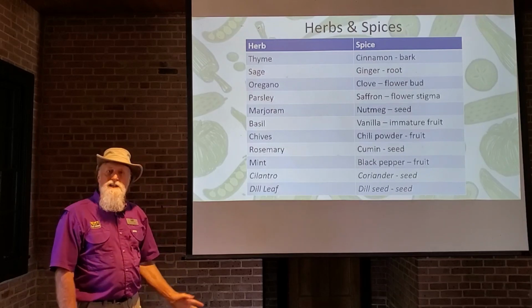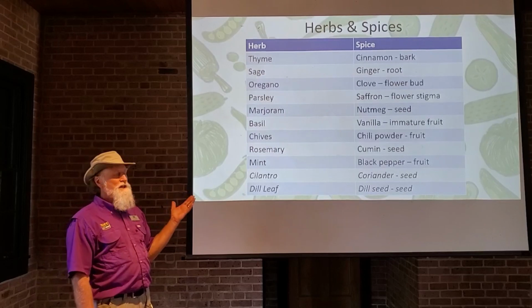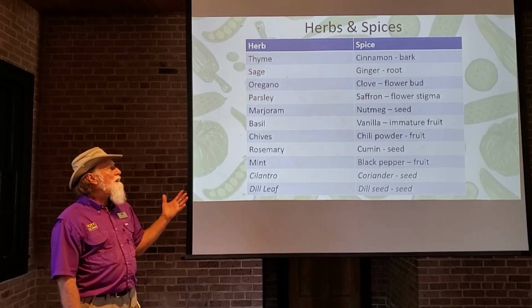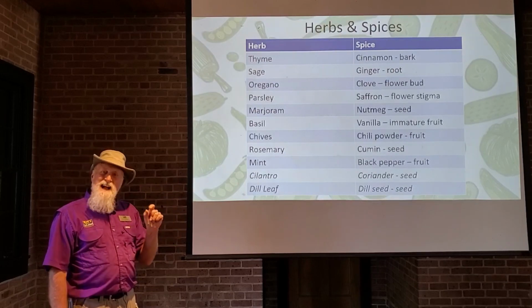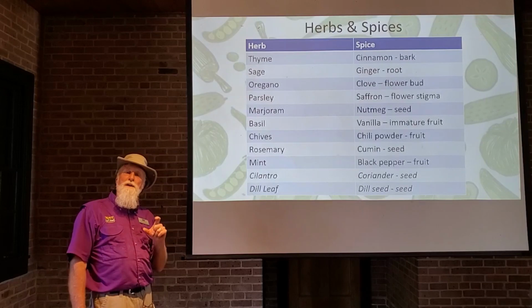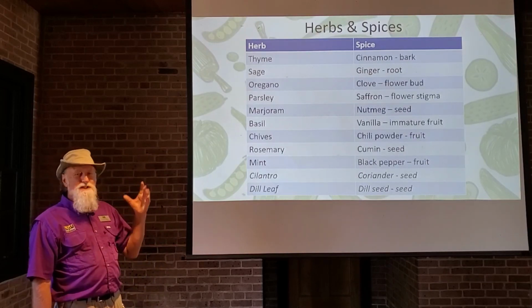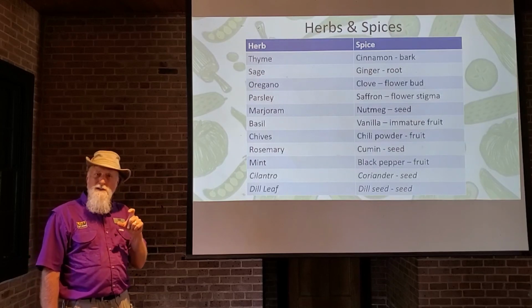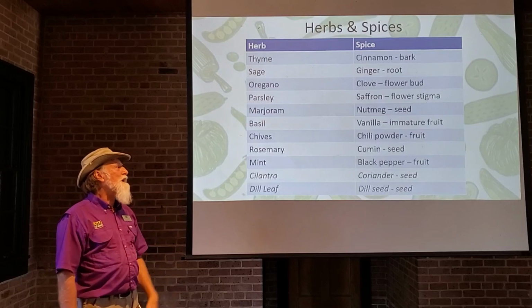Cinnamon, that is actually the bark of the tree, is where we get cinnamon from. Ginger, that's the root. Clove is a flower bud. Saffron, that's actually just the stigma from the flower. It's from a crocus, and it's just the stigma from the flower of that particular crocus that is used for saffron.